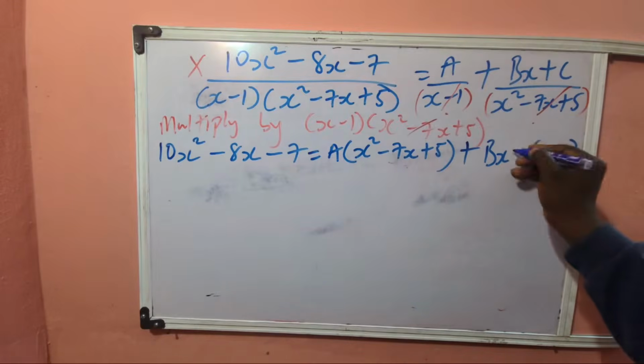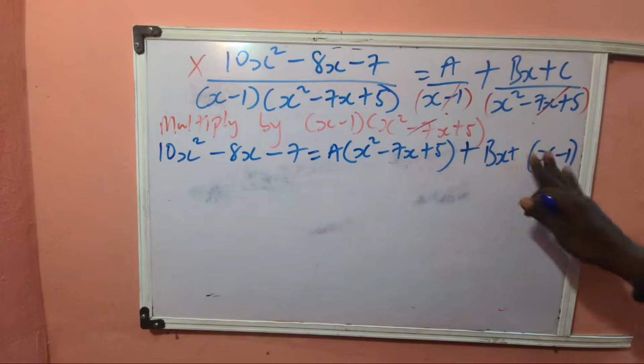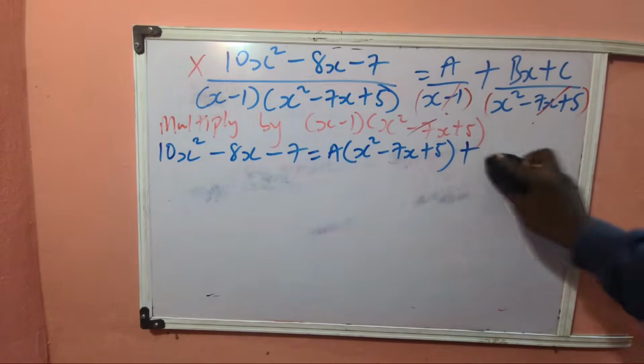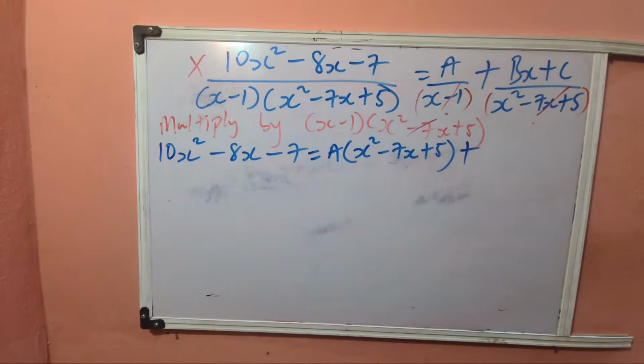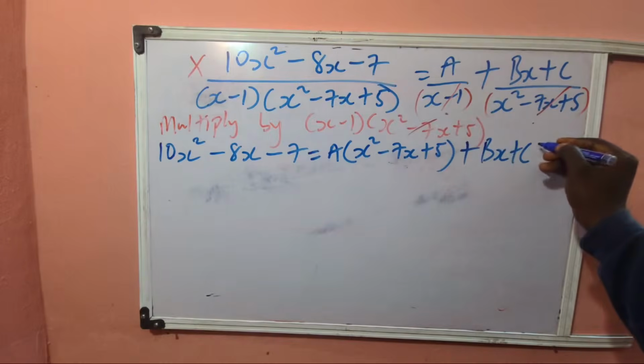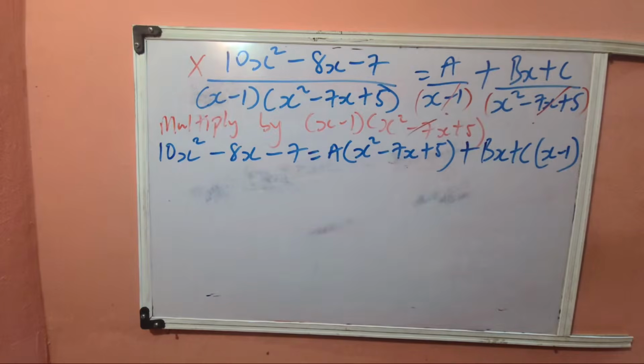Pardon, the board is quite small. We have to write that c better. Okay, let me just write it much better. So we will have bx plus c into bracket x minus 1. So this is the very first step we have to do.